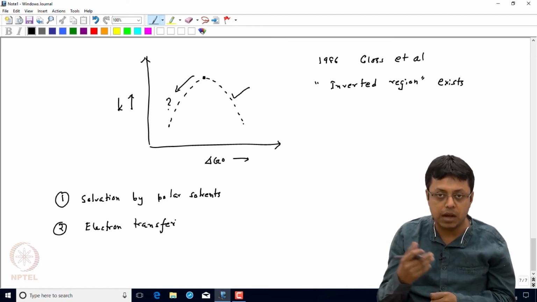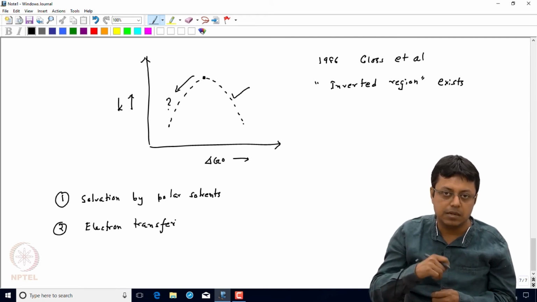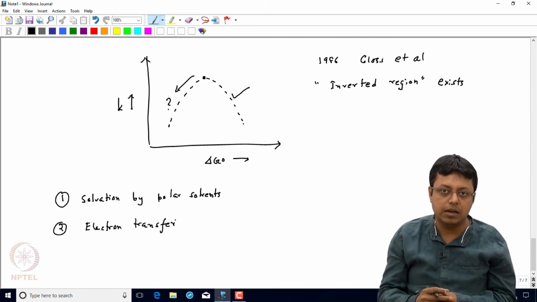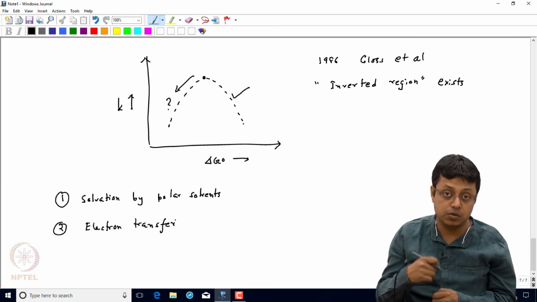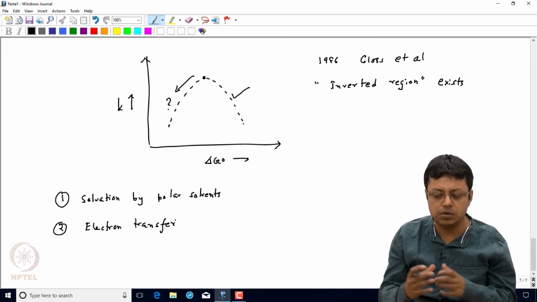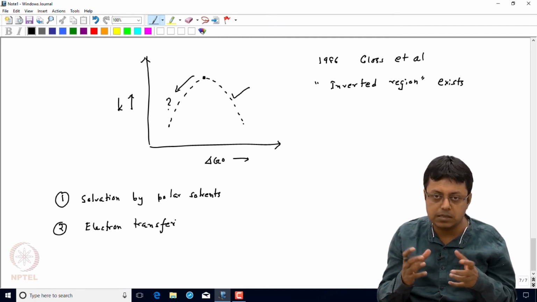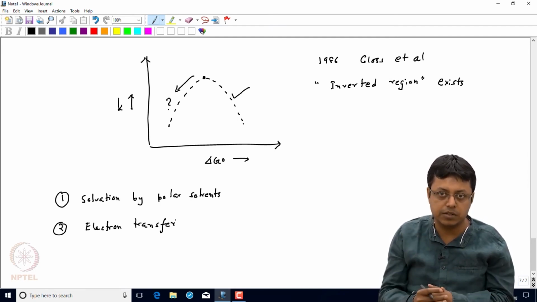As opposed to that, in the outer sphere electron transfer the inner sphere is intact, but the electron gets transferred through space, and that was described by Marcus theory, which accounts very correctly for the fine balance between the free energy and the reorganization energy.